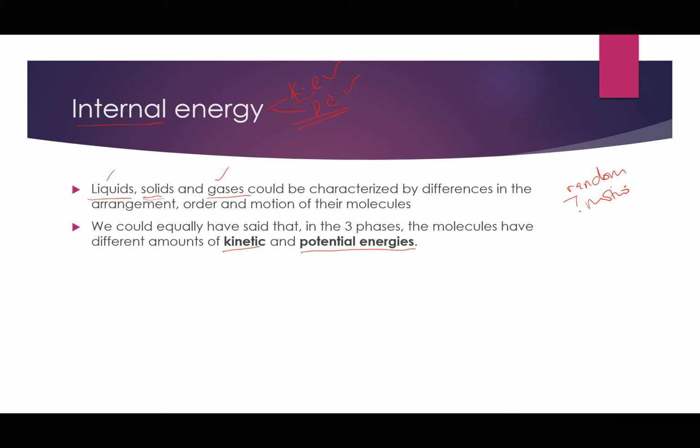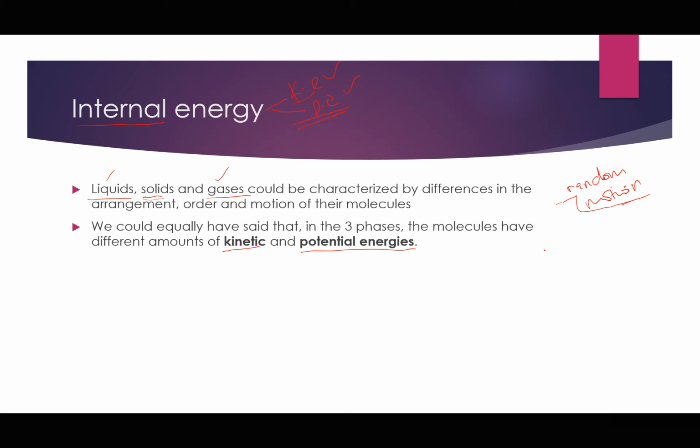So in defining internal energy of a system, the term random motion is very, very important. These particles are in continuous random motion. Therefore, we shall define internal energy as the sum of the random distribution of the kinetic and the potential energies of all the molecules which make up the system.